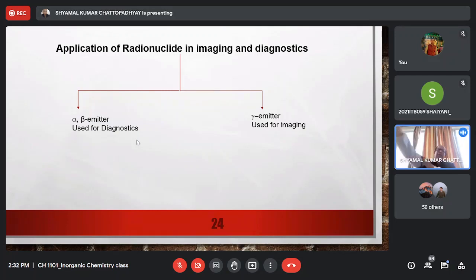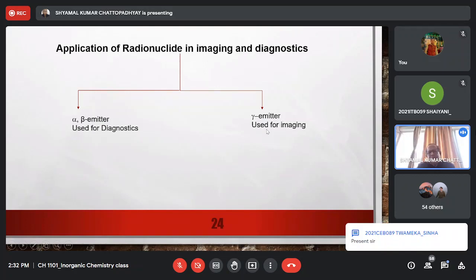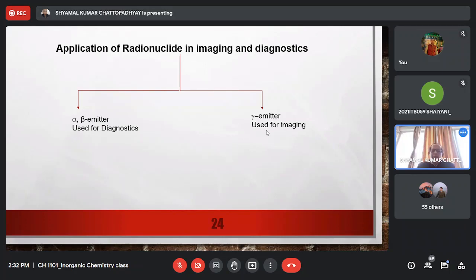So since gamma ray has penetration power which is comparable or even greater than X-ray, those nuclei which emit gamma ray can be used for imaging purposes. So gamma emitting nuclei are used for imaging purposes because gamma ray penetrates most of the tissue or even the bones. That's why gamma ray is not useful for treatment of cancer cells, for destroying cancer cells.